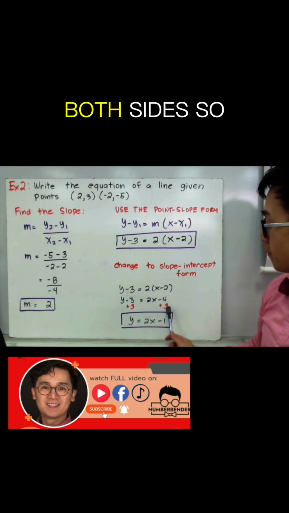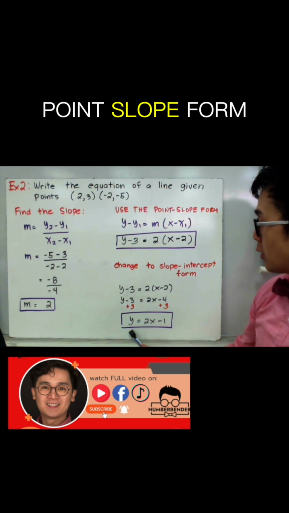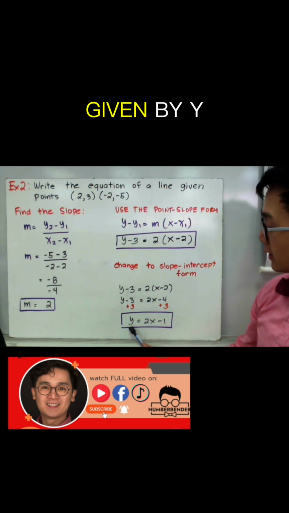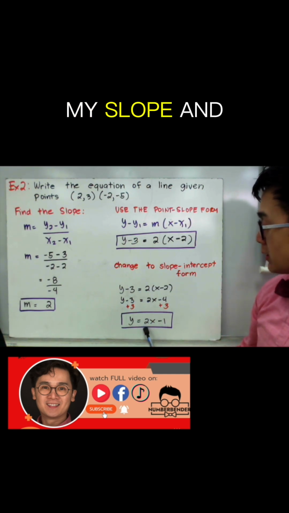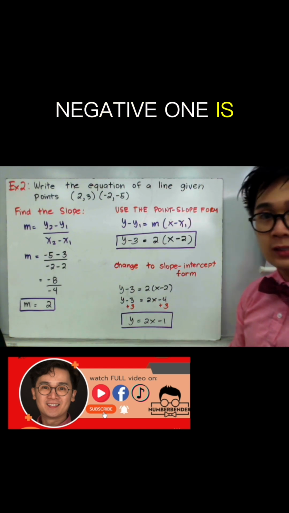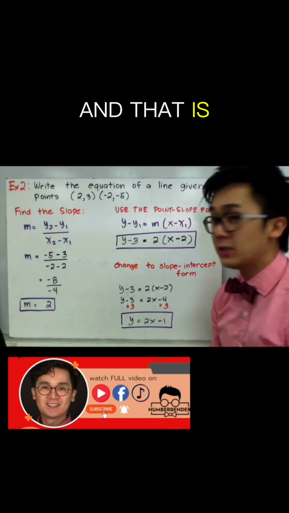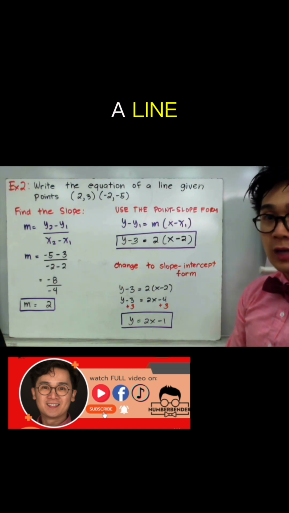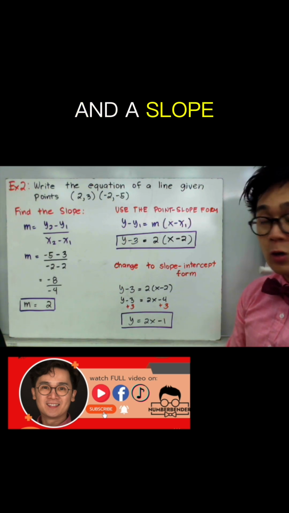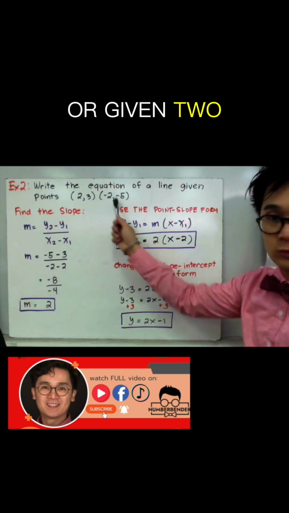Add 3 on both sides, so I'll have the slope-intercept form of the equation of a line given by y equals 2x minus 1, where 2 is my slope and negative 1 is my y-intercept. And that is how we use the point-slope form in writing the equation of a line given a point and a slope, or given 2 points.